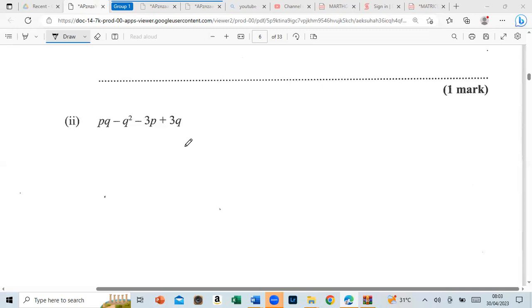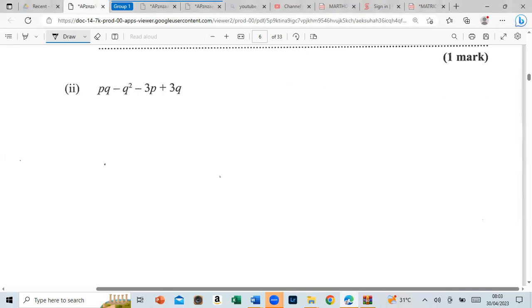One more minute. Factorization means you look for something that is common. So go ahead, which way do you want to go? See how many marks that is? 2 marks.